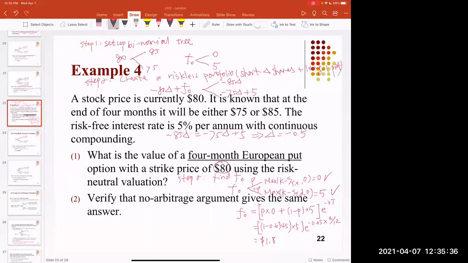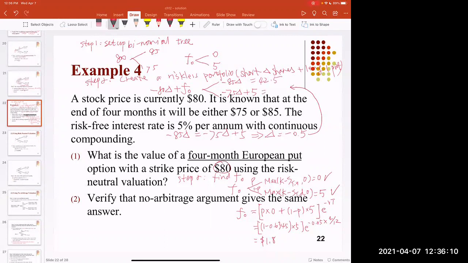Once you find the delta, we're going to put this number back into the payoff in the binomial tree. So delta is negative 0.5. The payoff at time T would be what? Negative 0.5 times negative 85, so 85 over 2 equals 42.5. Yes, that's correct. What about when the stock price goes down? Is it the same number?